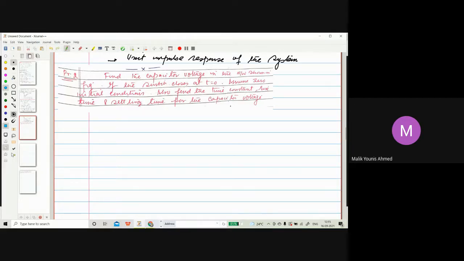So our network is like this. Okay, this is your DC voltage source.